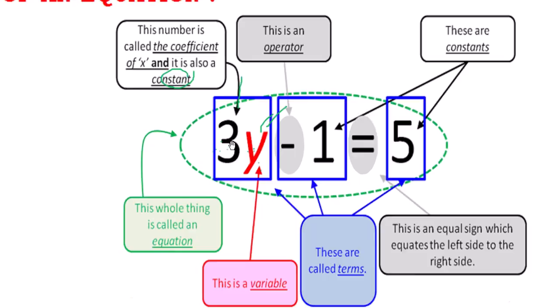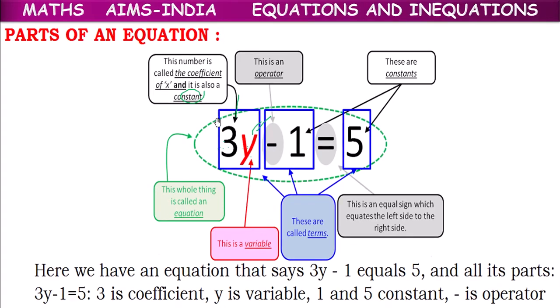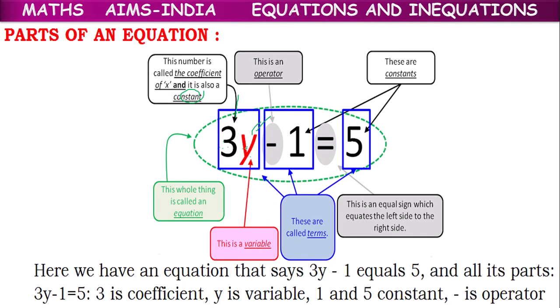This 3 is called the coefficient of y. 3 is a coefficient of y and a constant. Minus 1 has no variable here, so it is not a coefficient, it is just a constant. Here 5 also is only a numeral, just a constant.